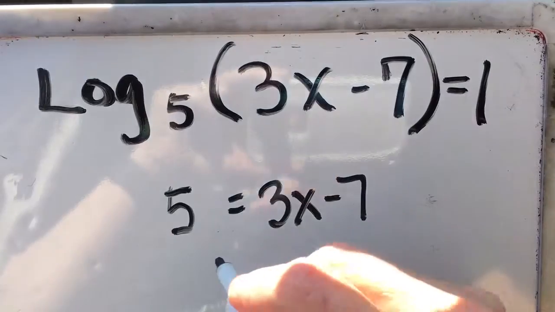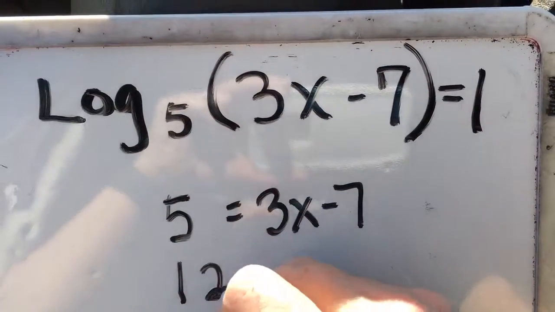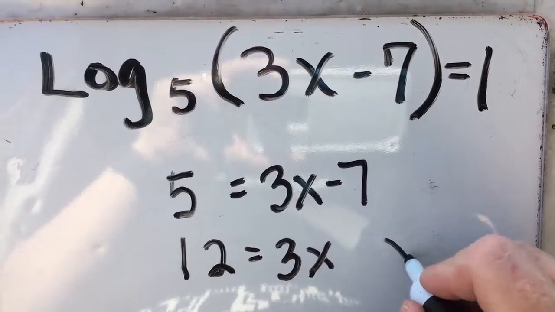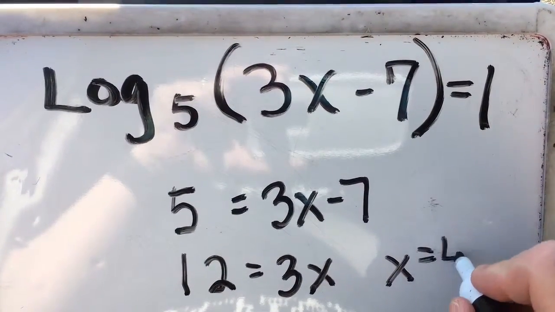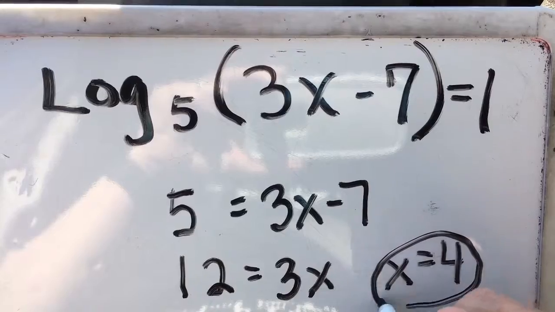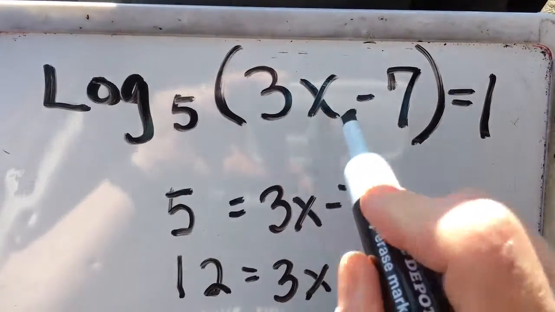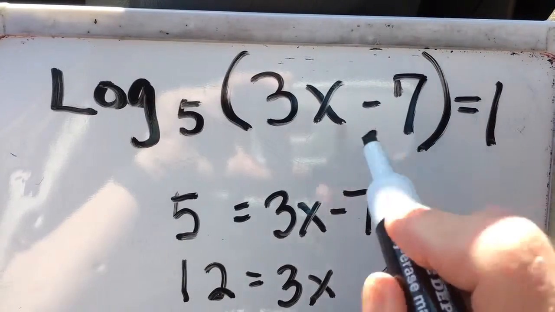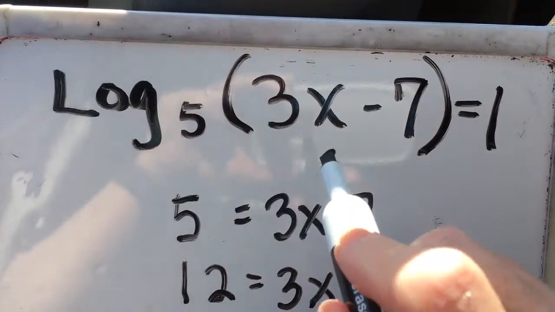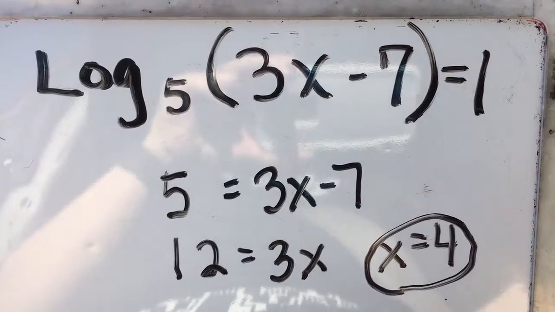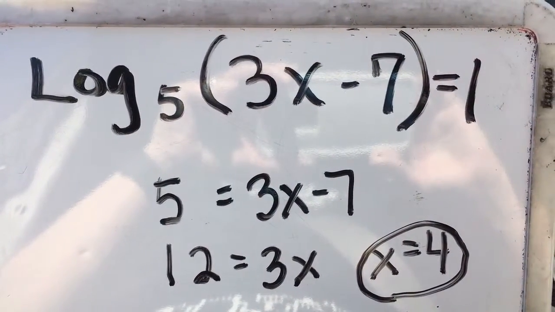Then we add a 7 to both sides, and we get 12 is 3x, or x is 4. And then we do need to check it back in and make sure that is a good answer. So we plug the 4 back in, we get 12 minus 7 is 5, and we do know that log base 5 of 5 is 1. That is one of our properties. And so that is the correct answer for that one.